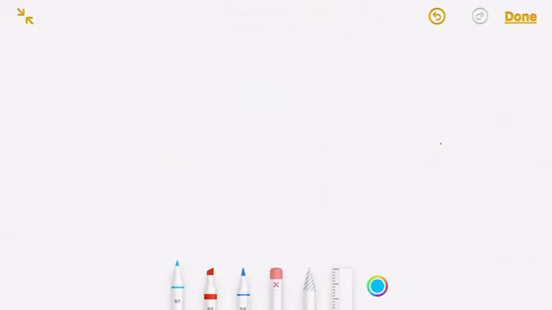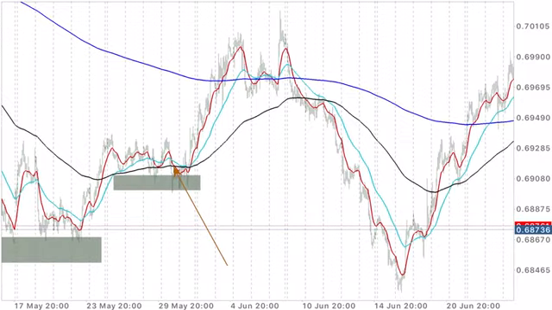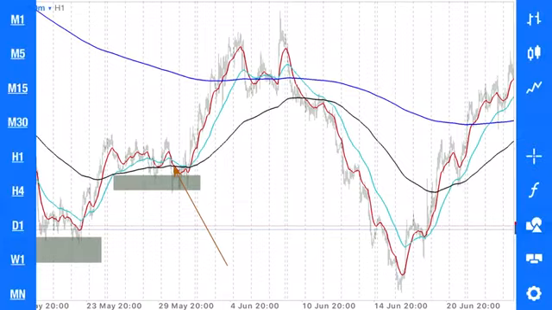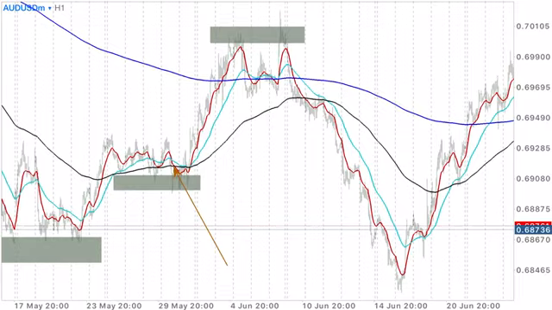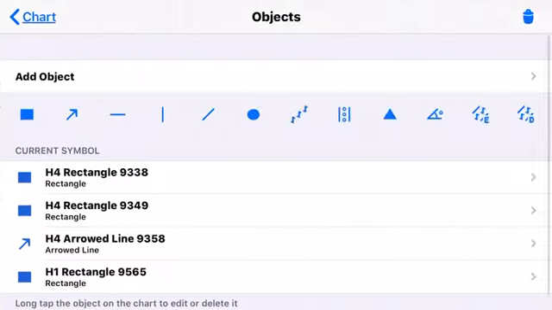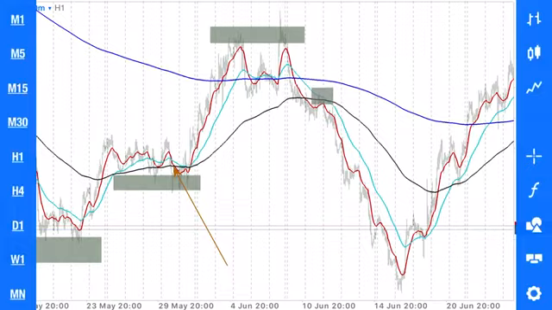So always know that an ID50 is the first pullback to the EMA50 from the peak. If you look at the peak that I'm seeing right there, this is the first pullback. That is the ID50 of H1.